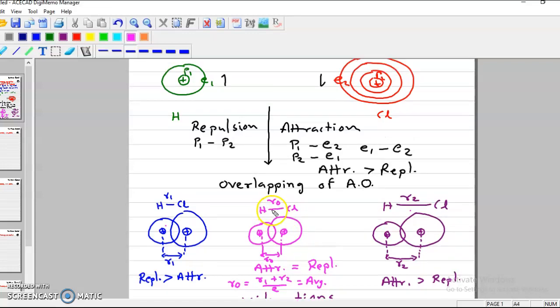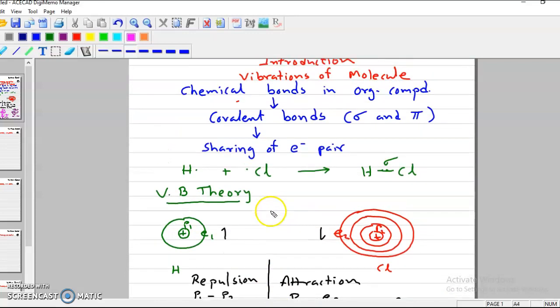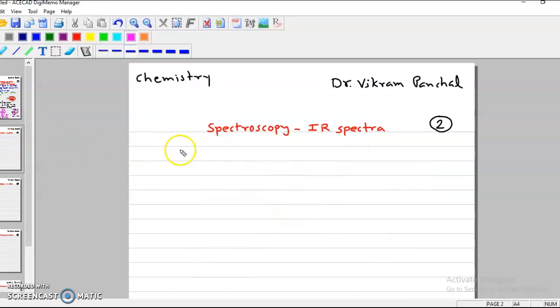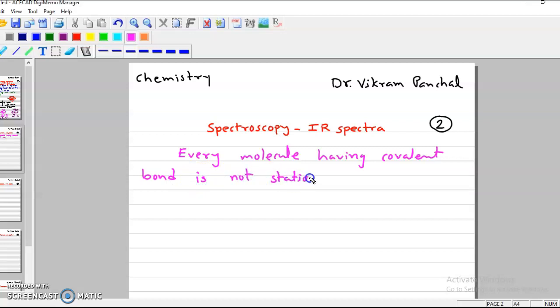And that is why every covalent bond is not stationary. Every molecule having covalent bond is not a stationary molecule. That means atoms within molecule keep on vibrating.